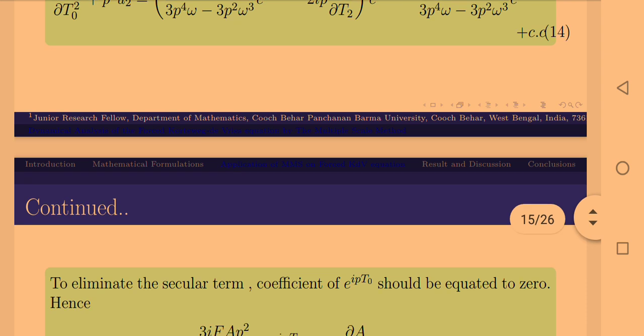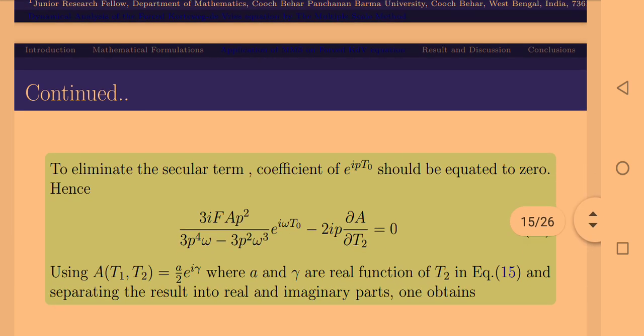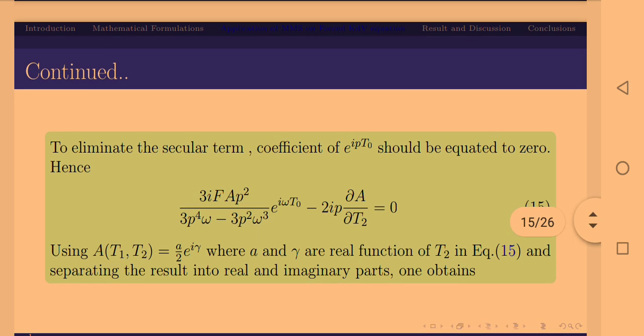Now, to eliminate the secular term, the coefficient of e to the power i p t0 should be equated to 0. Hence, we have equation 15.